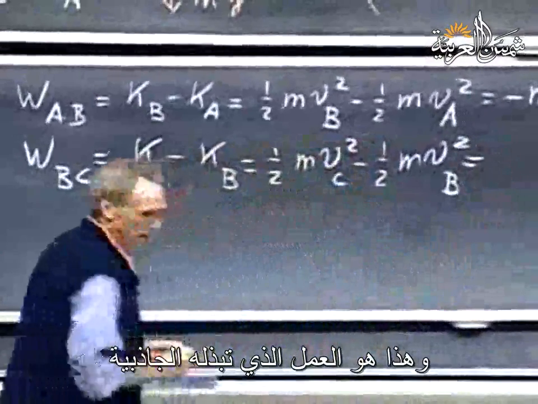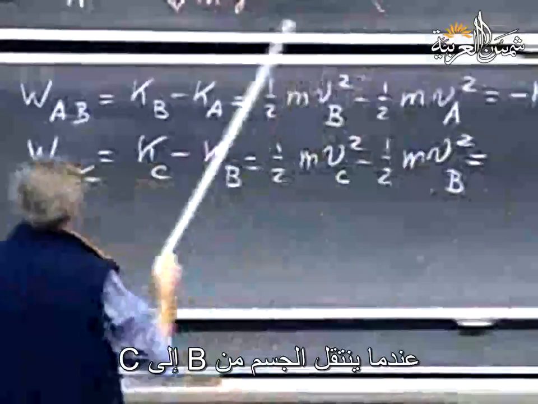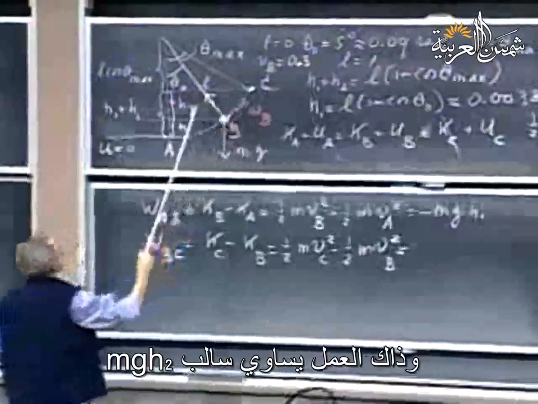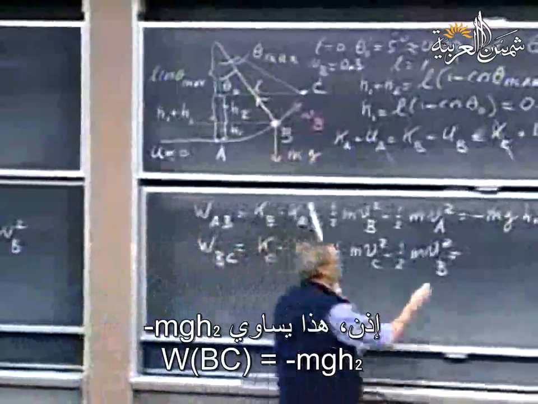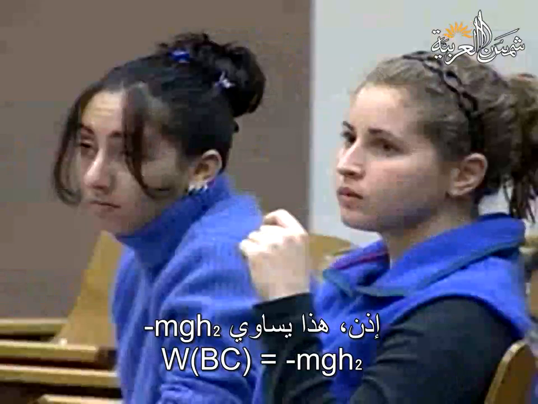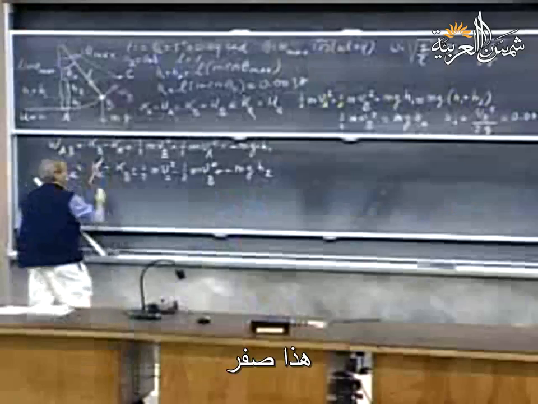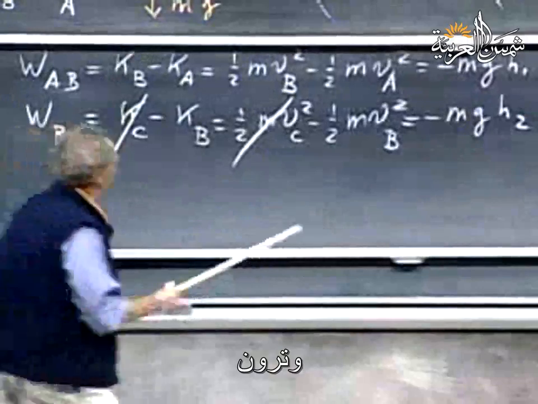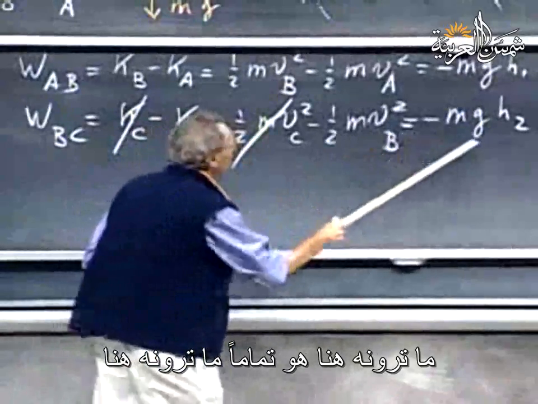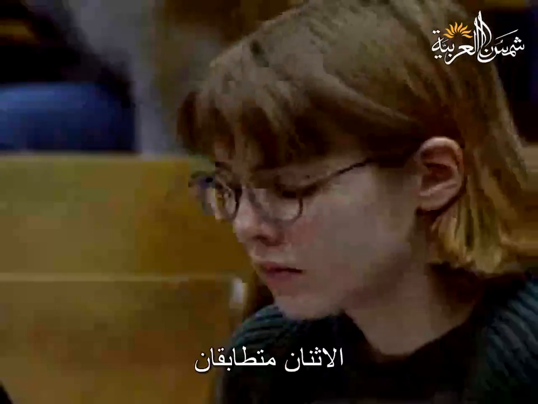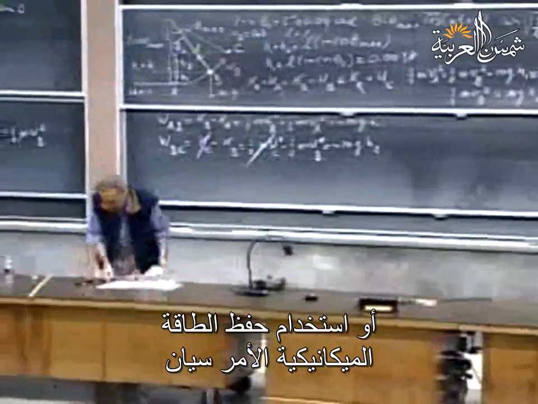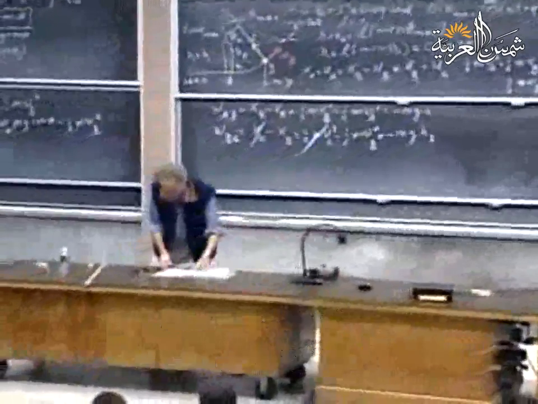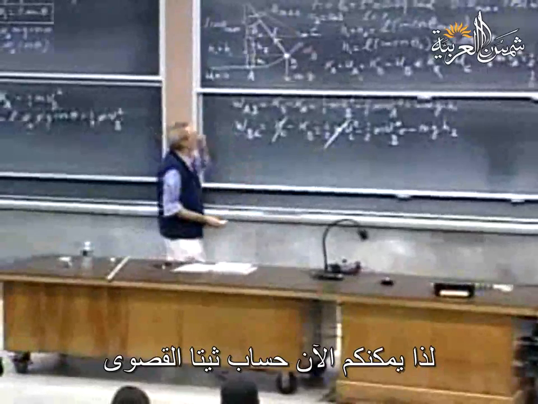And that is the work that gravity is doing when the object goes from B to C. And that work is minus mgh2. So this equals minus mgh2. This is zero. And so you see what you see here is exactly what you see here. The two are identical. And so you could have used the work energy theorem, or you can use the conservation of mechanical energy. That makes no difference. And so you now can calculate theta maximum.